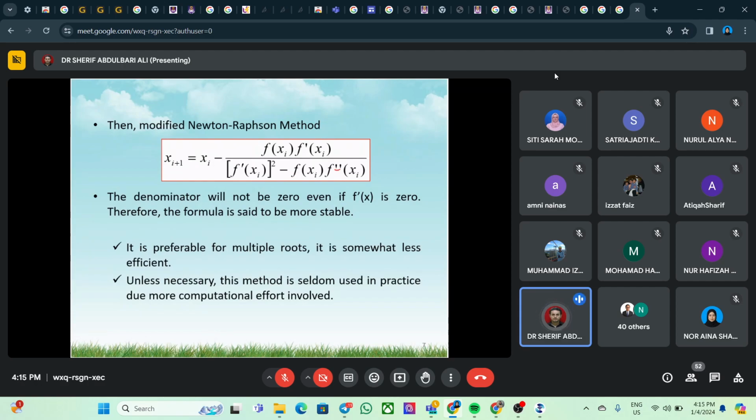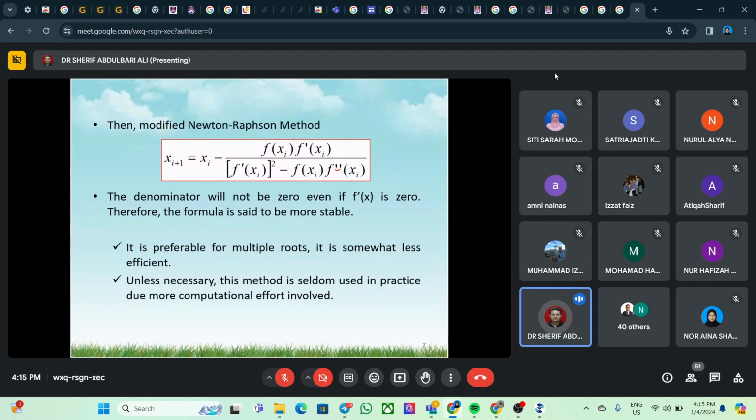So here you need to find the first derivative and also the second derivative of the function. Why do we do that? Because the denominator will not be equal to 0, even if the function itself is equal to 0. So the equation is going to be more stable.